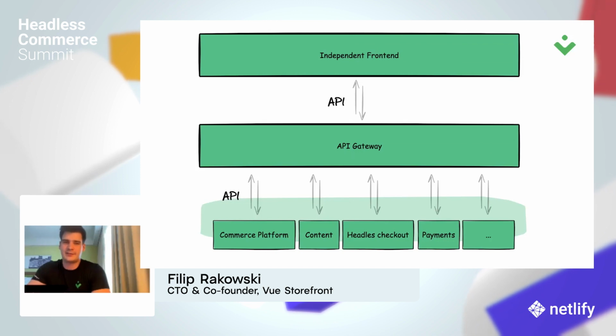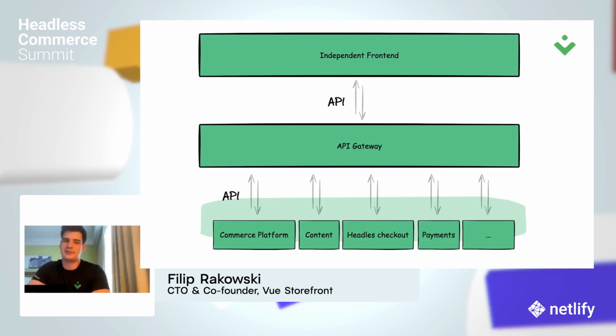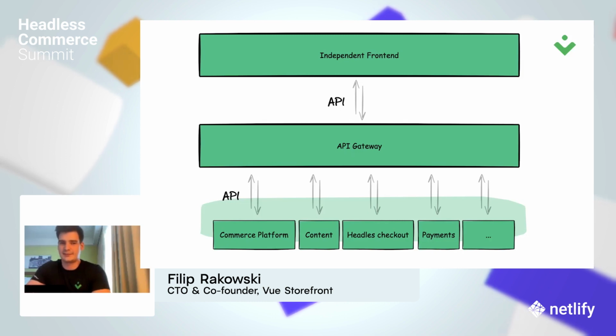An API gateway is basically just grouping different APIs into a single endpoint. So maybe not a single endpoint, but a single API. If you're using GraphQL, it's a single endpoint. If you're using REST, it's just a bunch of endpoints. And your frontend will call only a single API from this API gateway, and the gateway will take care of resolution of different requests that are needed for it.